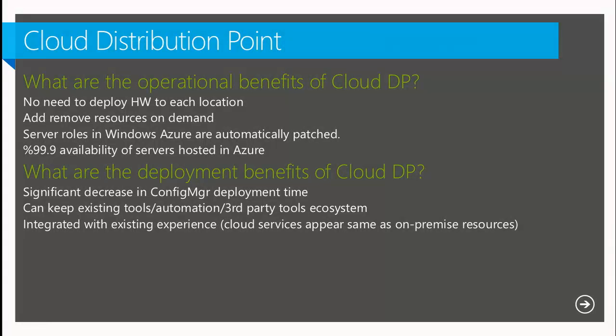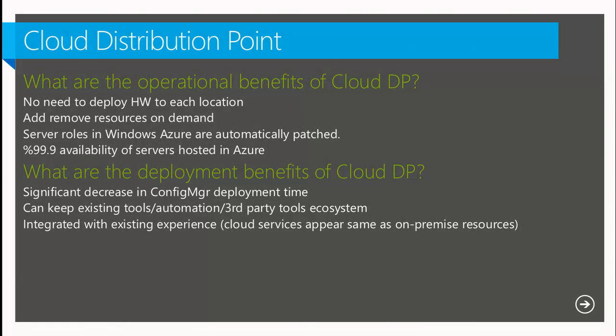Another type of DP that we have is the cloud distribution point. And there are a lot of great reasons to use the cloud DP, and really it aligns to the great reasons to take advantage of a lot of cloud services. You don't have to have local hardware. You have the fabulous uptime of having something hosted in Windows Azure. All the automatic patching, what have you, it does remove a lot of overhead.